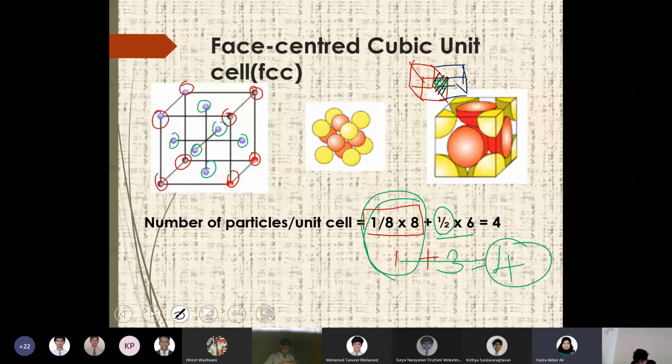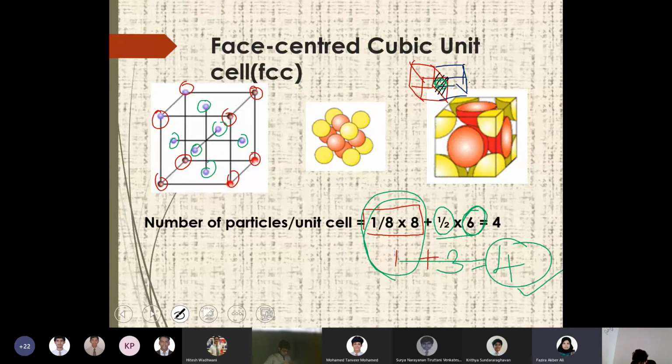So each particle at the center of the face will be shared by 2 units. So the contribution of each particle will be half towards 1 unit cell. So 6 faces, 6 particles, each one contributing half of it. So it becomes 3. So 1 plus 3 is equal to 4.